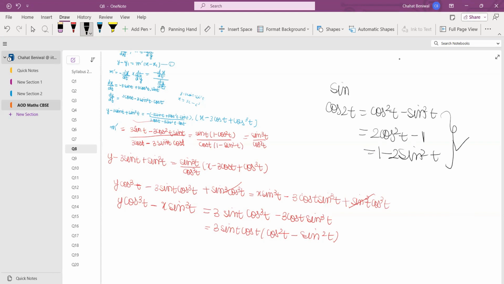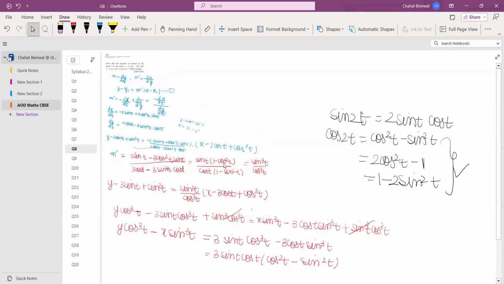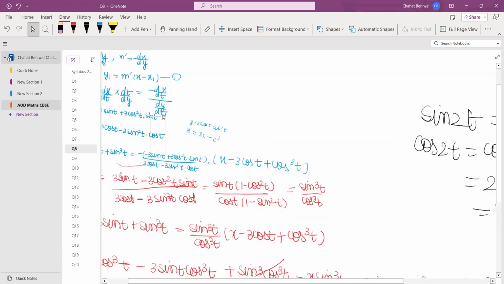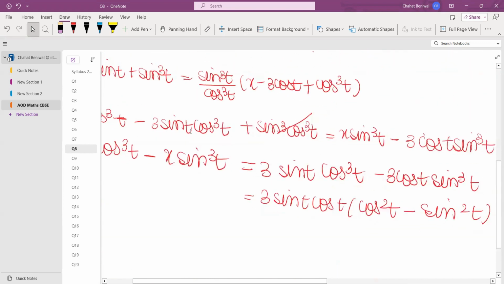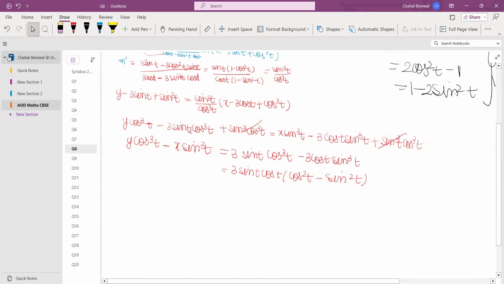Plus sin 2t is equal to 2 sin t cos t. These are very important formulas. So first we will see what we have to do exactly, which is remaining. We are having an expression of 4t, sin 4t, on the right hand side. Okay, so to make it 4t, we have to use formulas.